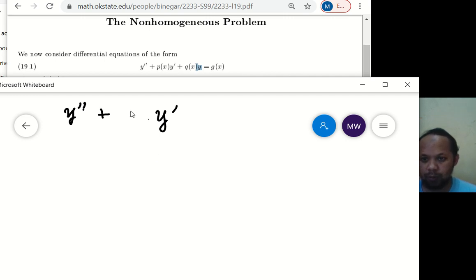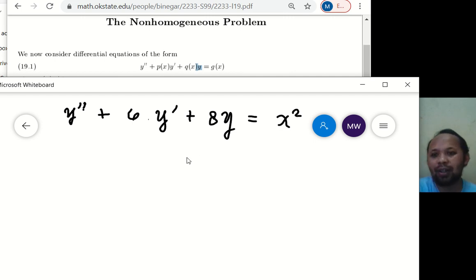Here 6, and here we've got maybe 8, equals to, let's say, x squared. Yeah, this is a second order linear differential equation that is non-homogeneous because we've got x squared at the right hand side of the equation.